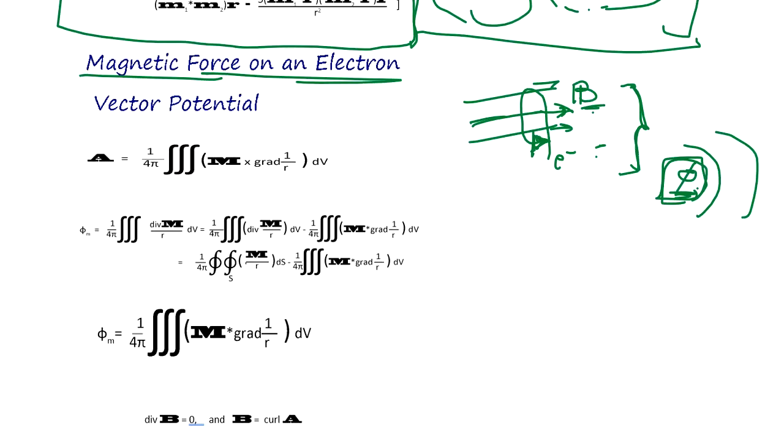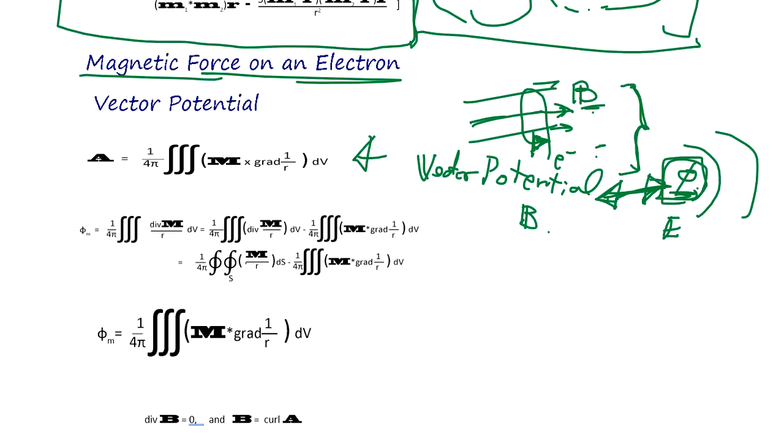But we prepare one thing. We use vector potential. And potential can be a vector. Yes, the vector potential is just like a scalar potential. We created it mathematically for the convenience of calculating the electric field or magnetic field, whichever.